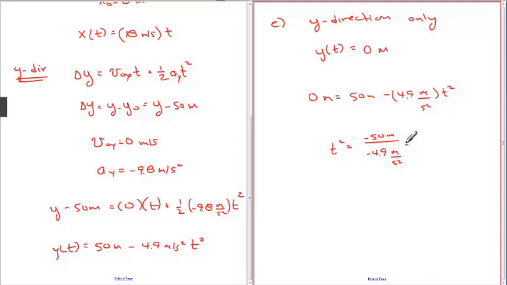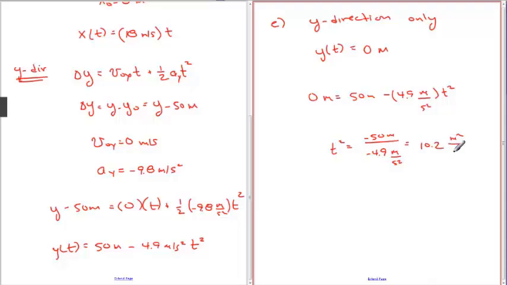Sorry again, negative 50 divided by negative 4.9. Just can't seem to do this. Just 50 divided by 4.9. I get 10.2 meters squared per second squared.